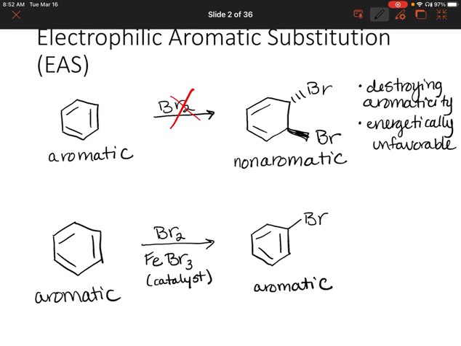All right, so let's look at the general mechanism for this type of reaction. And this will be pretty similar to all of the reactions that we're going to discuss. Okay, so we're going to start again with benzene. And benzene is going to be a weak nucleophile. So remember, nucleophiles are electron rich, but the reason benzene is a weak nucleophile is due to the fact that those pi electrons are actually delocalized around the ring.